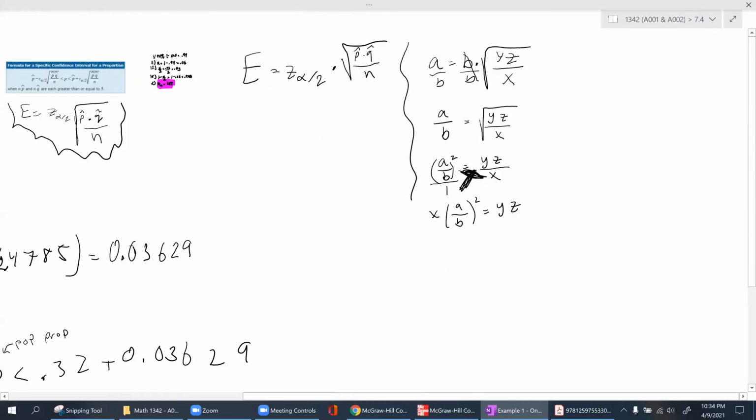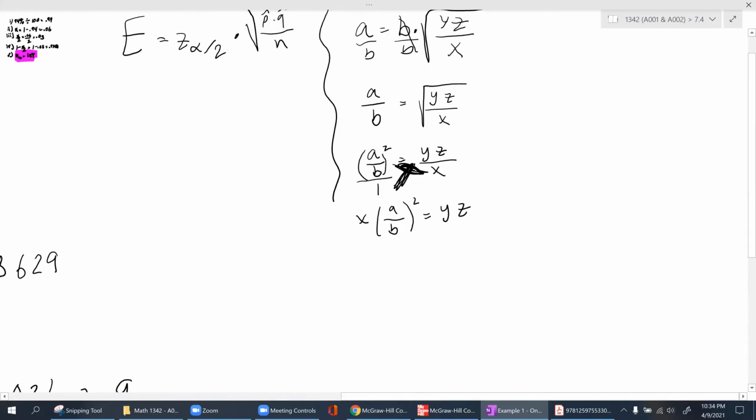I want to go ahead and get rid of that a over b squared, so this is going to be a over b squared divided by a over b squared, which gives me x is equal to yz over a over b squared.